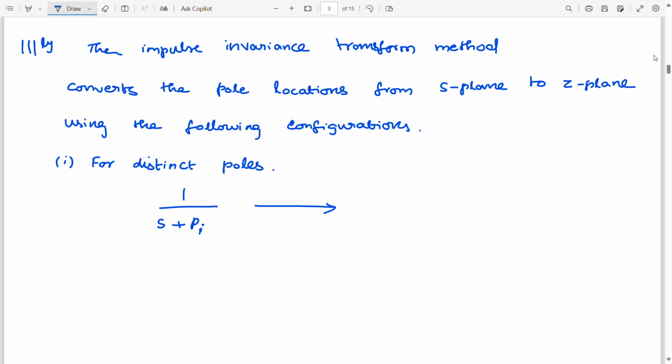then this part of the transfer function can be 1 over 1 minus e to the power minus Pi Ts z to the power minus 1, as we already discussed.